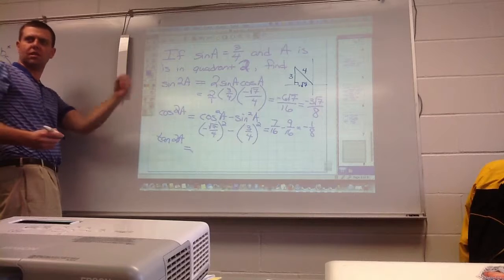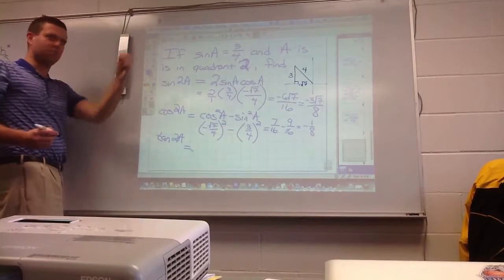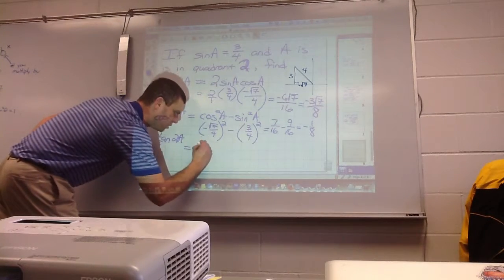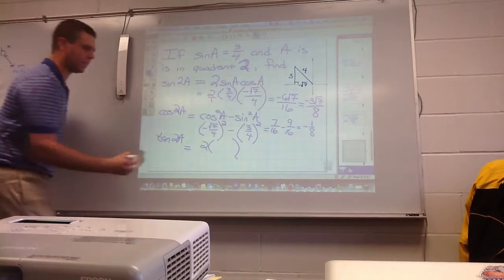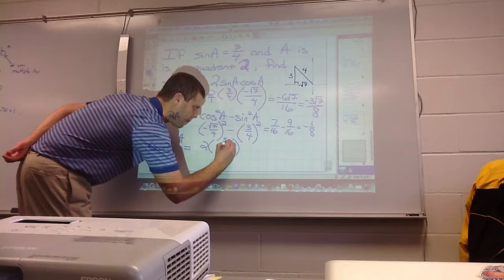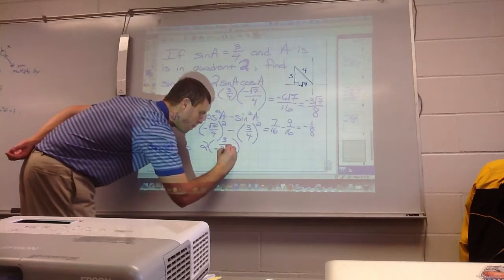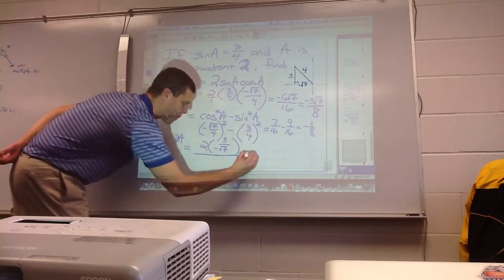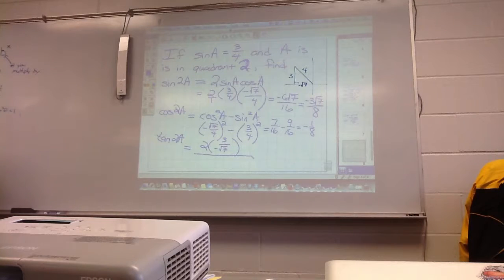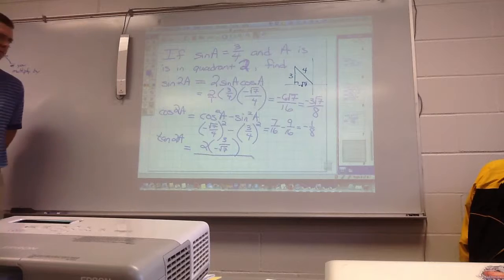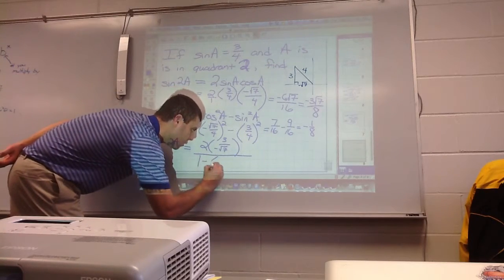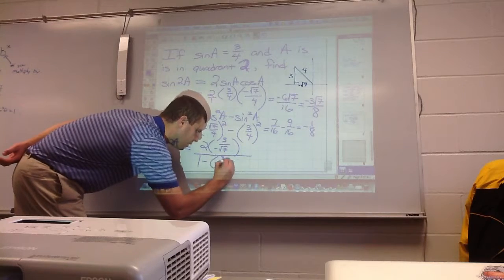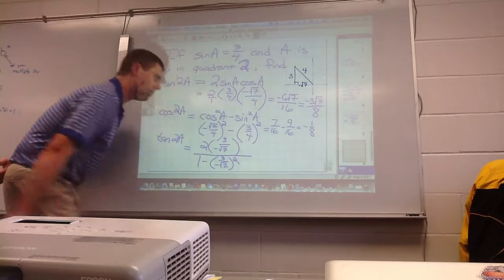So that's going to be 2 times 3 over negative root 7, over 1 minus 3 over negative root 7 squared.